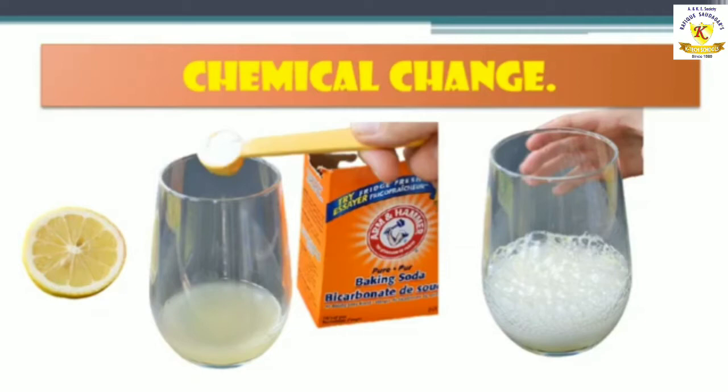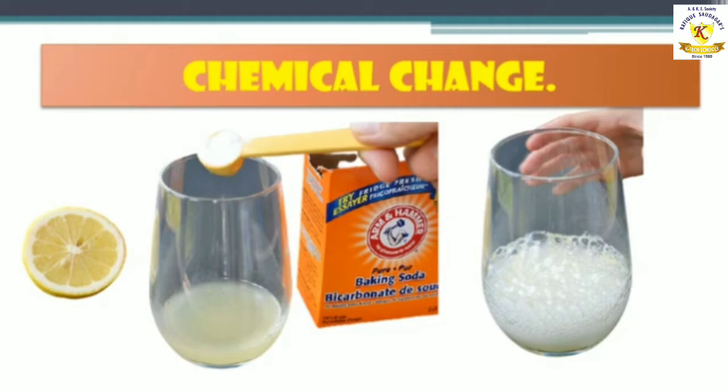So the change that takes place on adding baking soda to the lemon juice is a chemical change. Understood, children? Sometimes some characteristic observations are perceived during a chemical change, and these enable us to know that a chemical change has taken place.